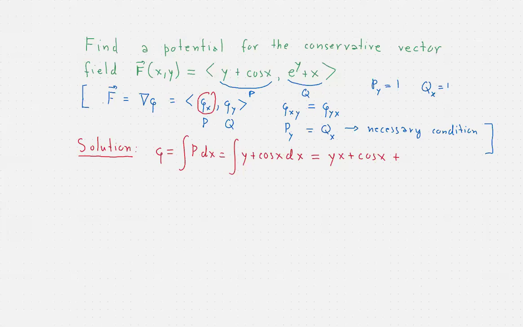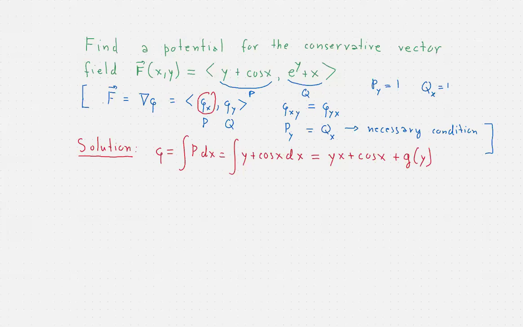But whatever we find does not need to have just a constant in this process. You could have a full function of y and it would still not affect the relation that you found as being an antiderivative of the original function P, meaning you can add any g of y, and when you take the partial derivative with respect to x, that disappears and gives you the function P.